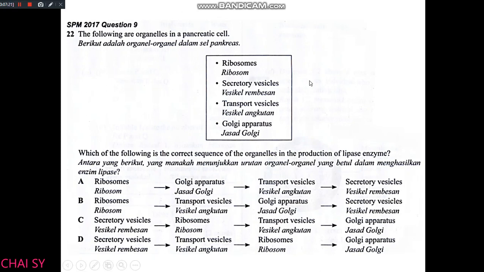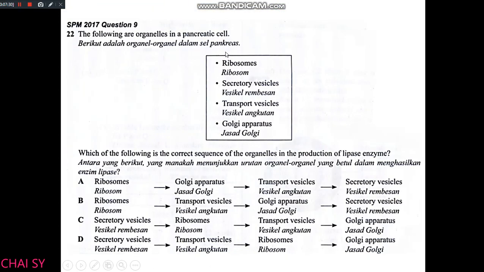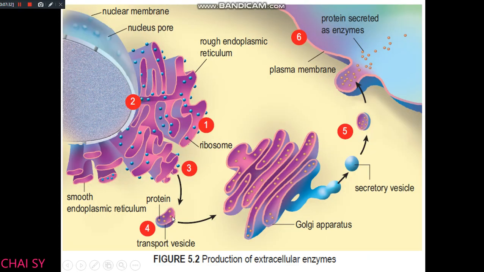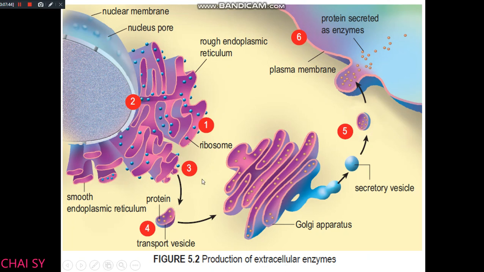So, how to produce an extracellular enzyme? Refer back to this diagram. The first station is what? Yes, ribosome. The next station, the second station, if we refer to the choices here, is transport vesicle.